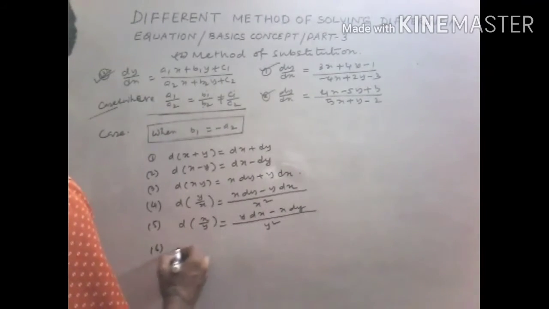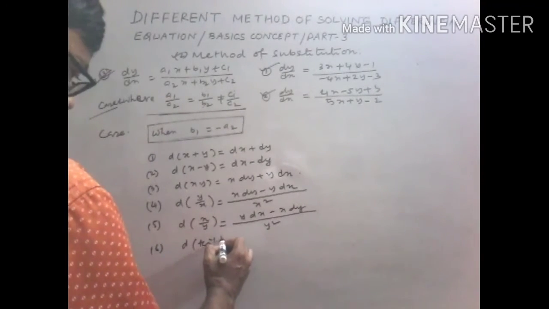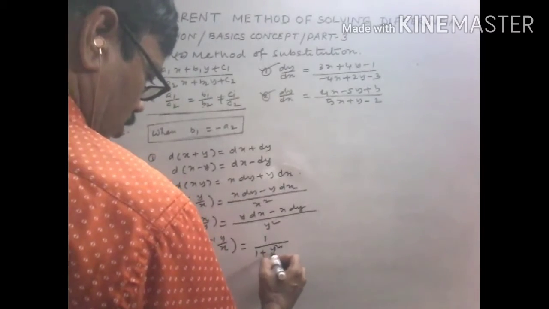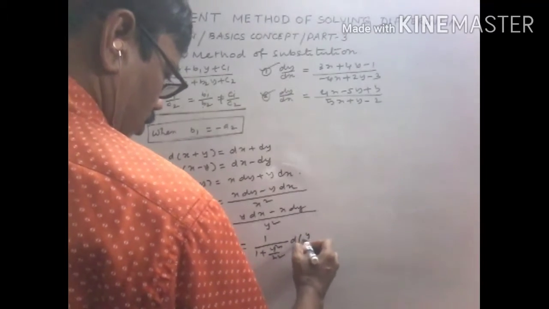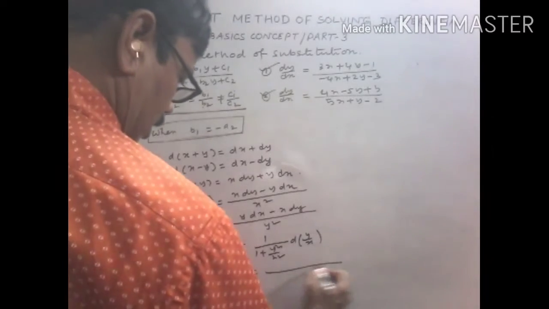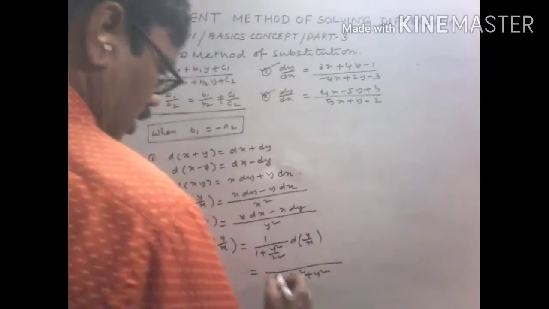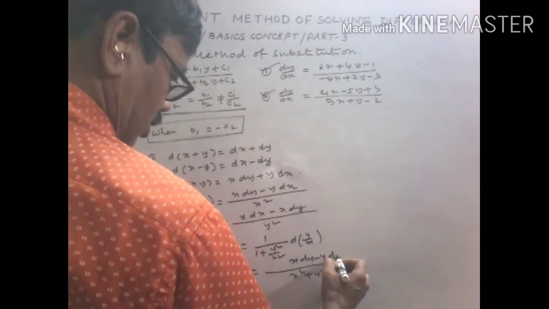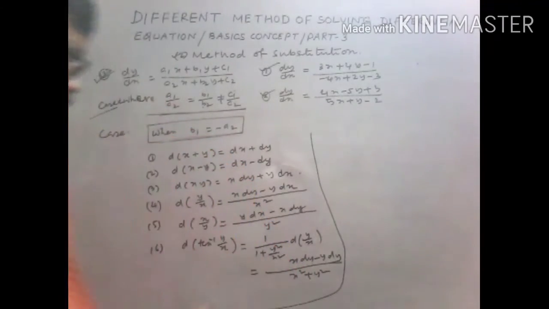So you can write also d tan inverse y by x, so 1 by 1 plus y square by x square, d of y by x. So x square y square is cancelled out, and d of y by x, so x dy minus y dx.